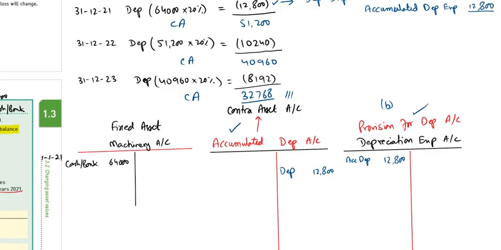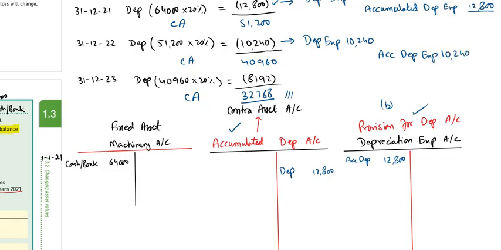At year 2, the depreciation expense is 10,240. So what's the double entry, the journal entry of this depreciation expense? The depreciation expense is debit by 10,240 and accumulated depreciation credit by 10,240.